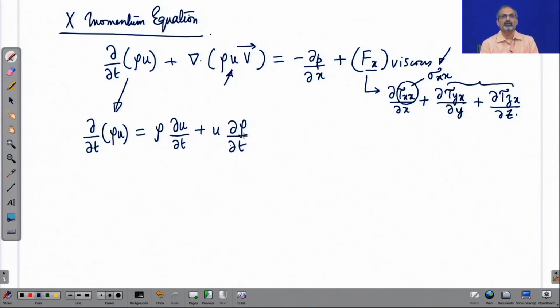Since it is a product of rho u, you can expand it this way. And then the divergence term. In the divergence term, what we will do is, we will break it in such a manner that one part of it is considered as the scalar part, the other as the vector part. We will consider u as the scalar and the product rho times v as the vector.